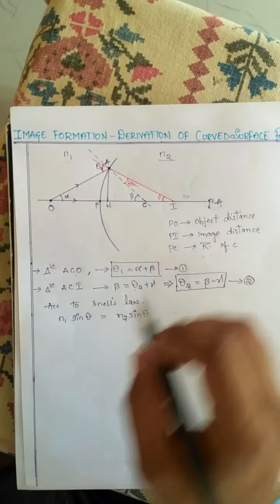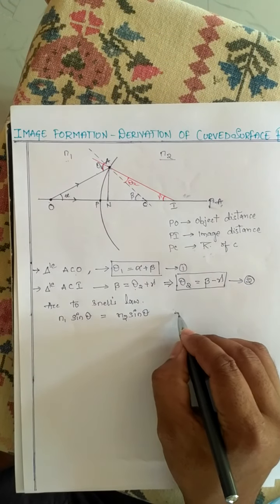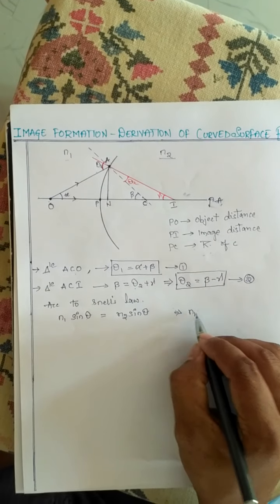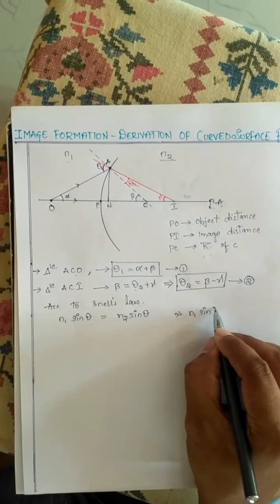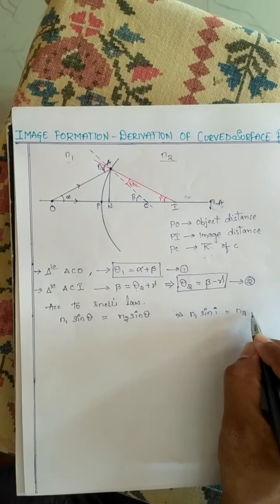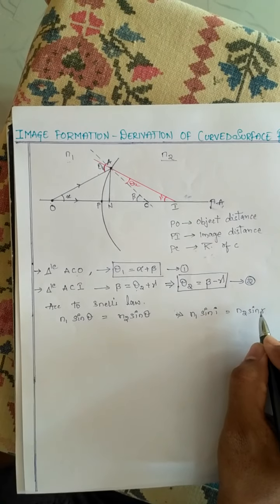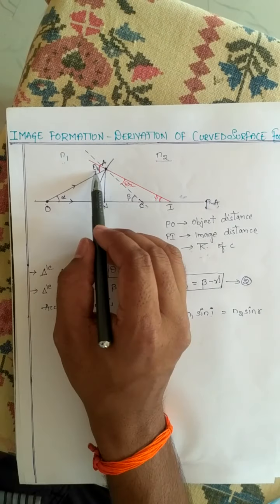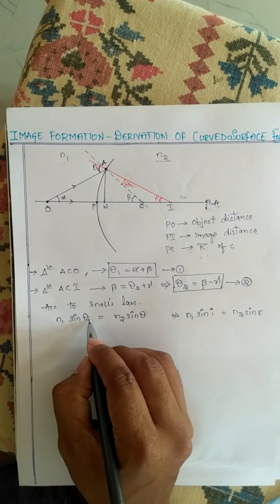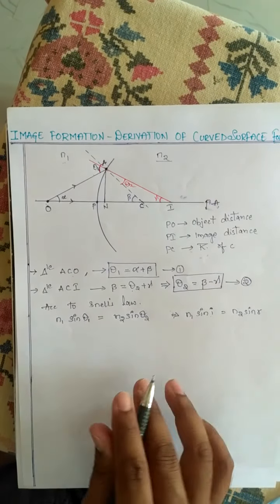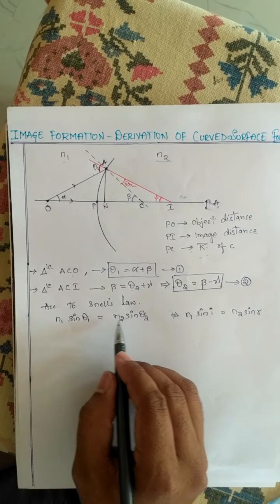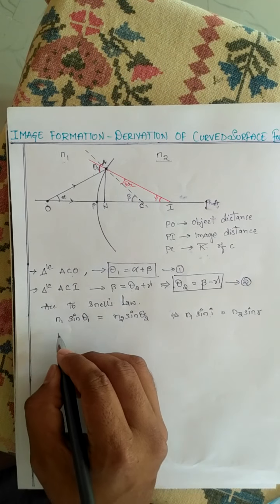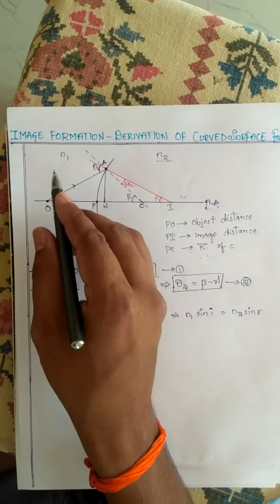This can also be written as N1 sine i is equal to N2 sine r, right? So here i and r are theta 1 and theta 2. I'm taking this as N1 sine theta 1 is equal to N2 sine theta 2, where N1 is a rarer medium and N2 is a denser medium.